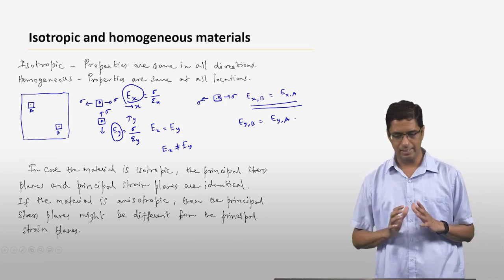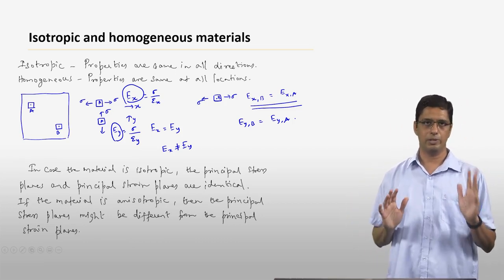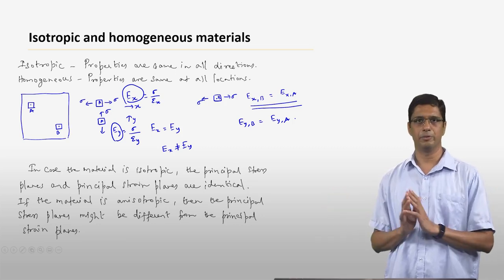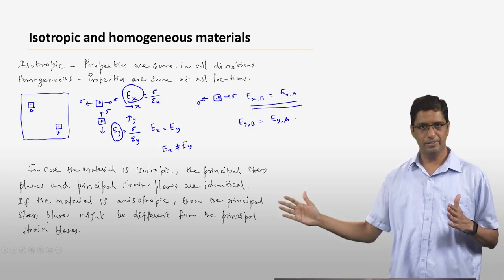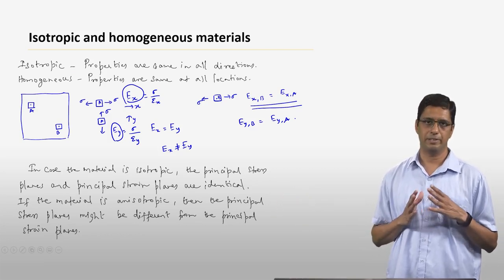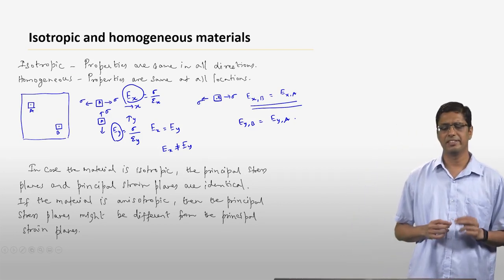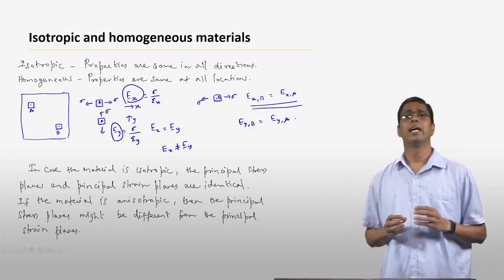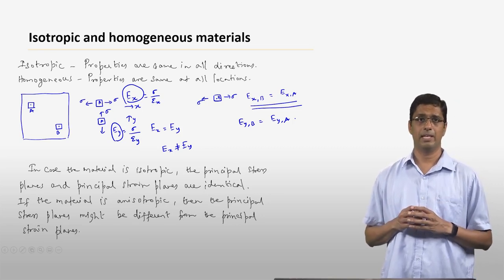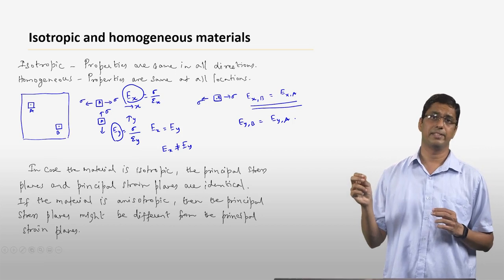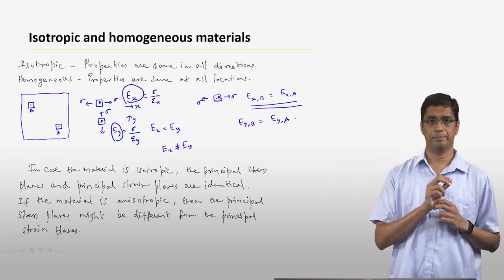In this class, we will assume that every material that we are looking at is both isotropic and homogeneous. So we don't have to look at variations in properties across locations, or variations in properties in different directions. The reason I'm emphasizing this is that if a material is not isotropic, then the principal directions of stress and the principal directions of strain need not be the same.